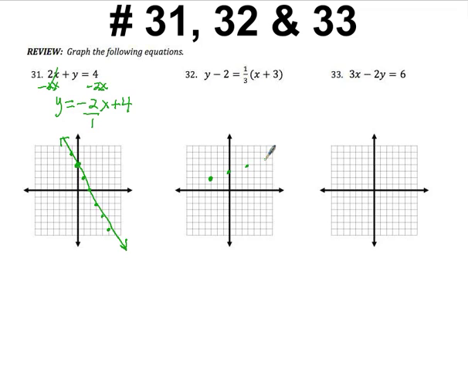I'm going to show you also how you could have solved it for y equals mx plus b and gotten the same thing. So you're going to multiply through on the 1/3, so you get y minus 2 equals 1/3 x plus 1. And then you add 2, and so you get y equals 1/3 x plus 3. Let's see if that matched what I did.